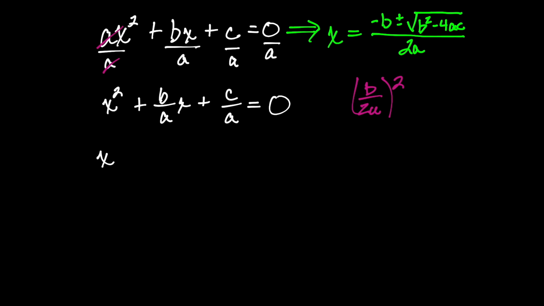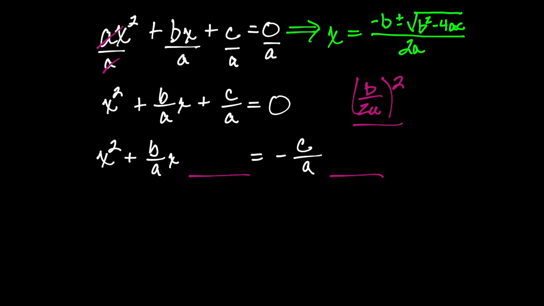We're going to say, all right, x squared plus b/a times x, and I'm going to move this to the other side. Because what we want to do is put this, whatever this is, some people call it your secret number. So we're going to add it on both sides. So let's go ahead and do that.